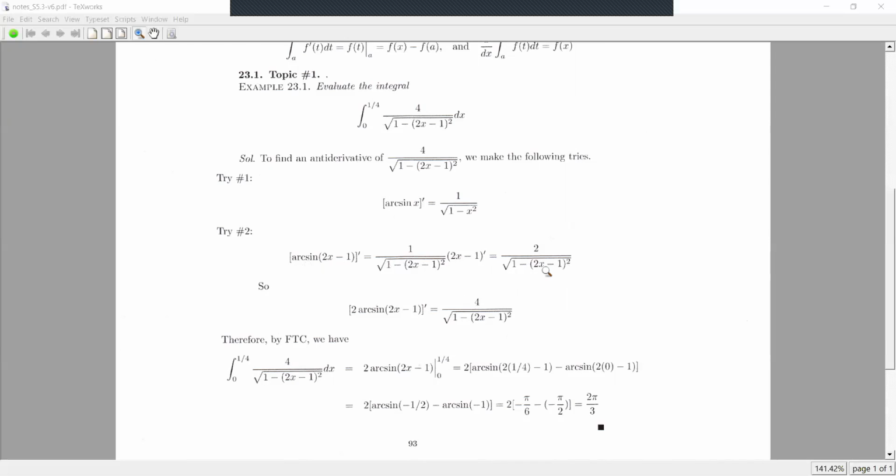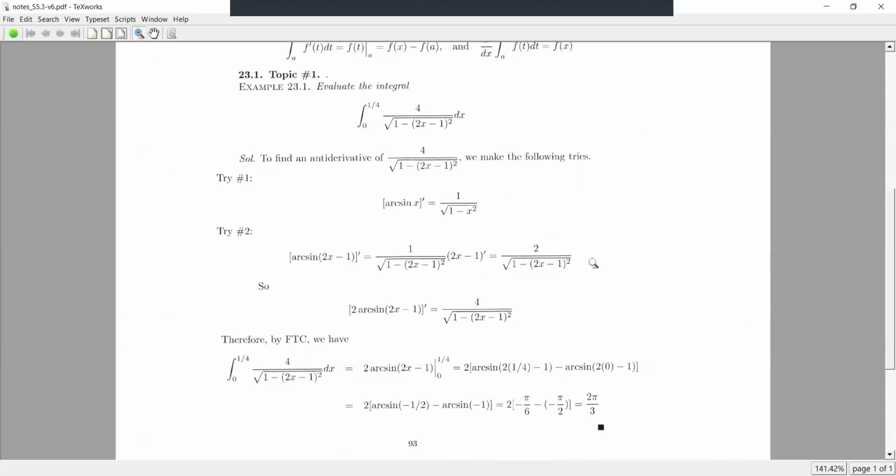Then I get 2 times arcsine of 2x minus 1 is equal to 4 over this. Now this function is exactly this function. So the antiderivative of this function is this.